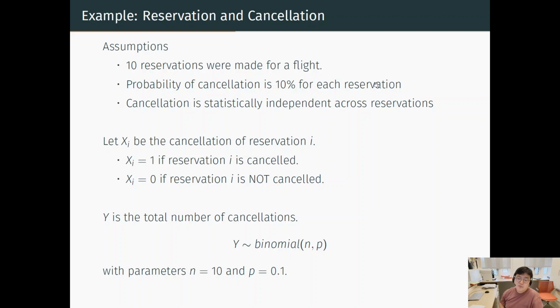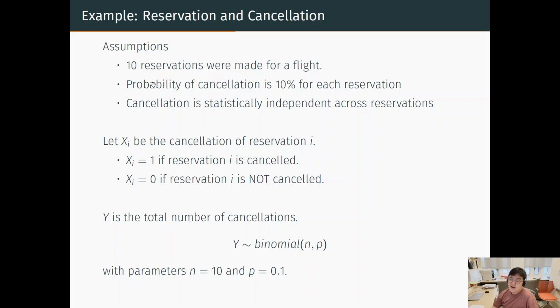And now, another running example is reservation. You can think about a reservation at a restaurant, or for a flight or a hotel, whatever. Suppose that there are 10 reservations made for a flight, right?